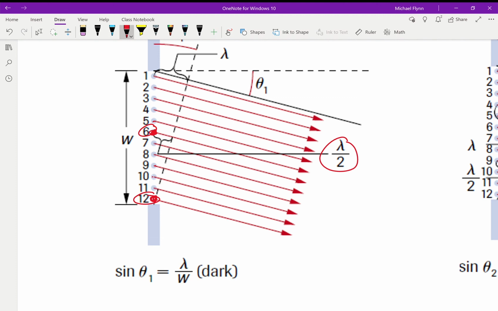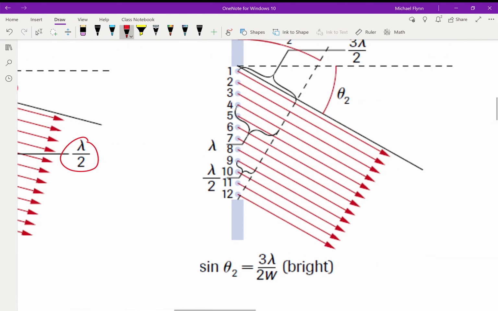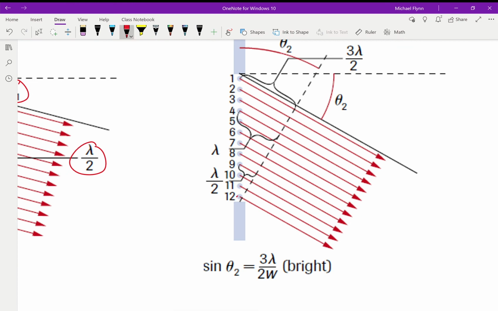In other words, when the path difference is met, and just like the double slit, they construct an angle here, theta 1, and you'll find that that's equal to this theta 1. Now we did that before with the double slit pattern, so I don't want to rehash all that, but that's how it works. Now, you can also get bright spots. Bright spots occur when number 12 and number 6 are like 1.5 wavelengths apart.